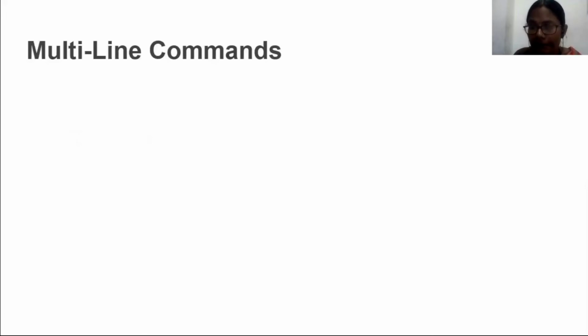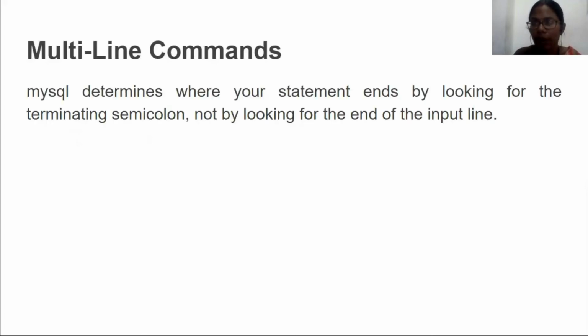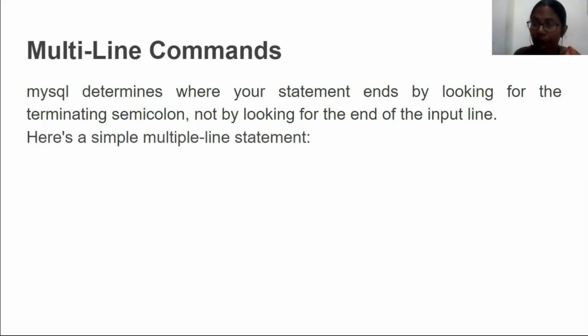Next is multi-line commands. Suppose you have a bigger query which cannot be accommodated on a single line. Yes, you can go with multi-line commands. But when you are doing multi-line commands, at the end of the last line you have to complete with a semicolon. So I have used select the username of my session.